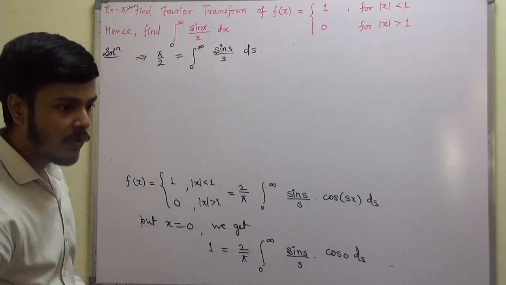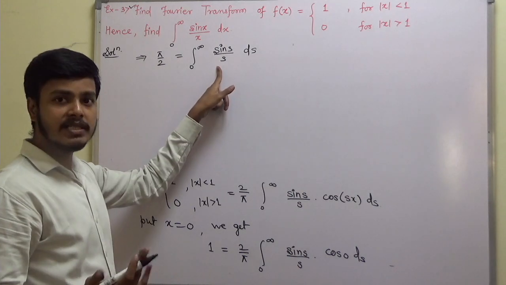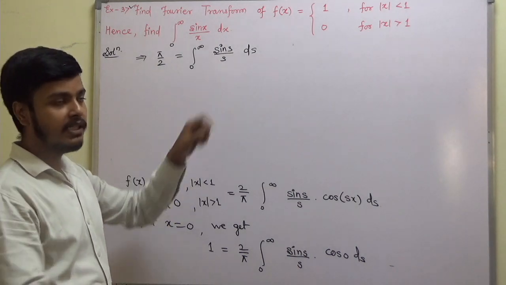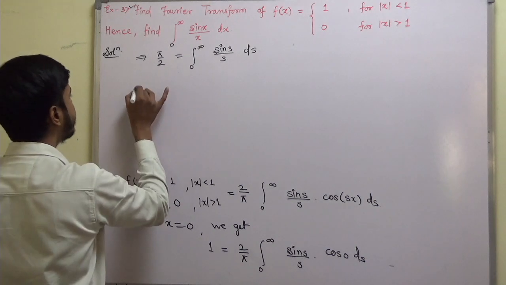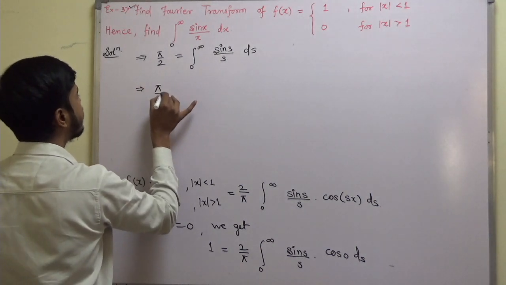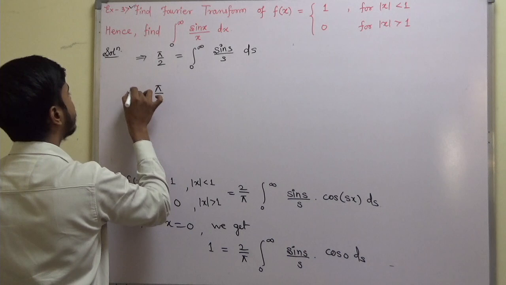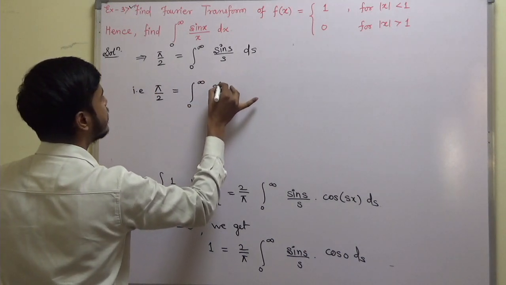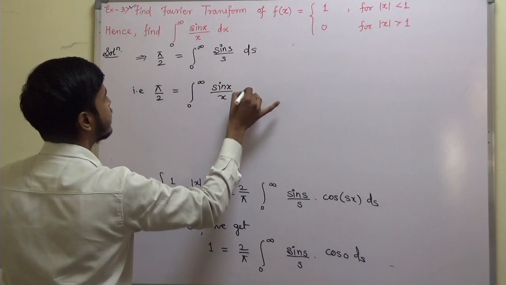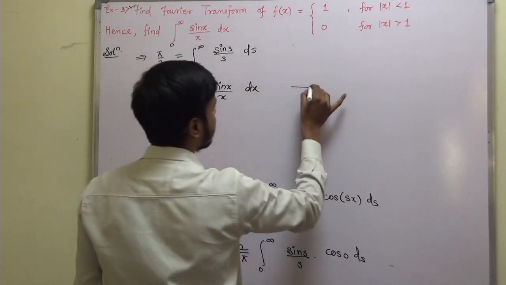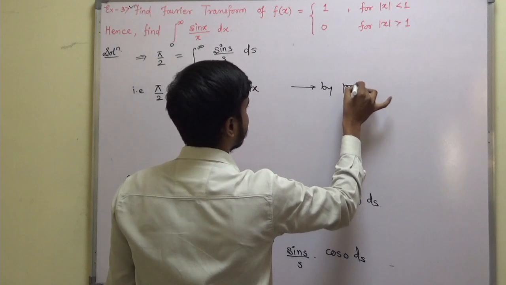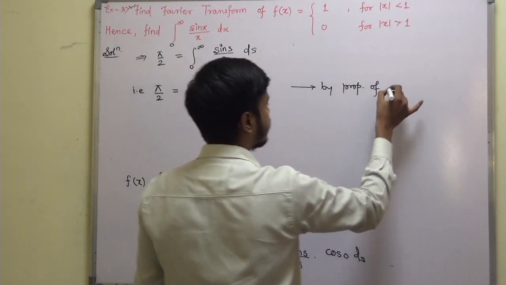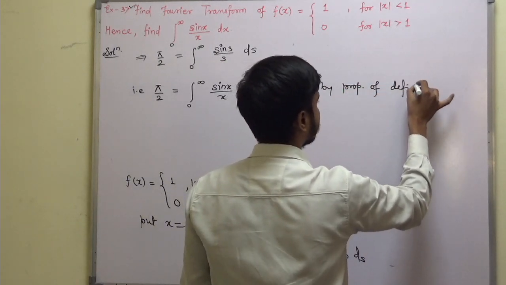Or if you do not want to put it here, you can just make use of the property of definite integration. So you can directly write that pi by 2 is equal to integration 0 to infinity sine x upon x dx by the property of definite integration.